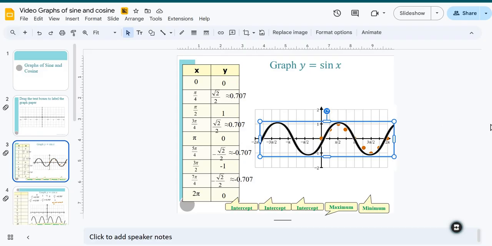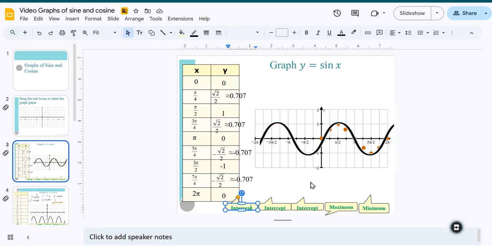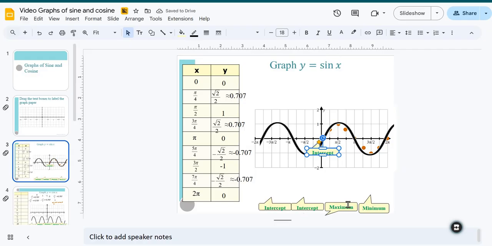And so, like our unit circle, where I only needed to memorize my first quadrant because it was very repetitive, here we only need to know our key points. So our first key point is an intercept for sine. Our next key point, notice, is the maximum.